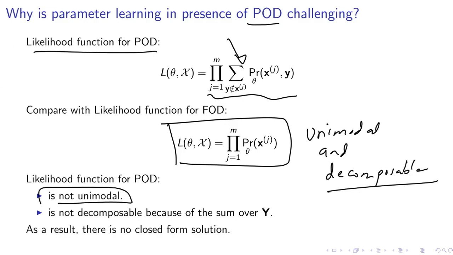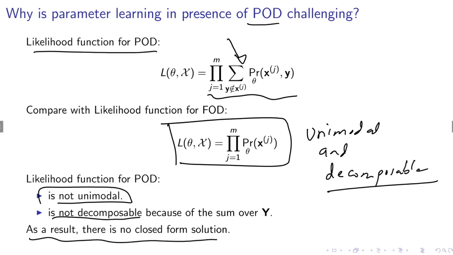Okay? And because of this summation term, the likelihood function is also not decomposable. As a result, there are no closed form solutions. So to give you an example of why the likelihood function is not decomposable and unimodal, let me use a Bayesian network.